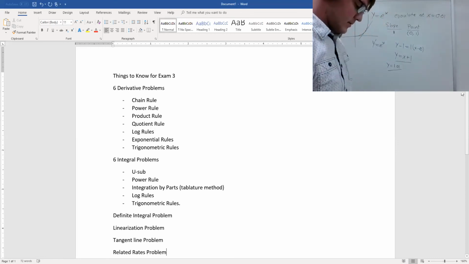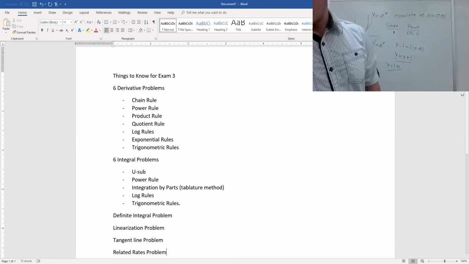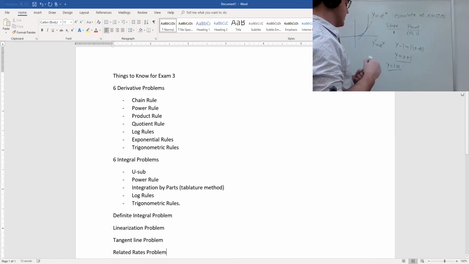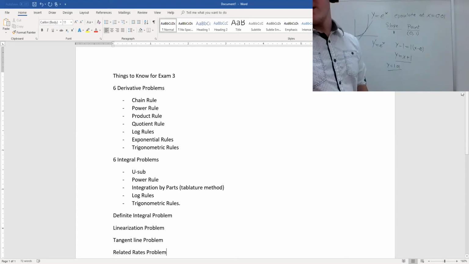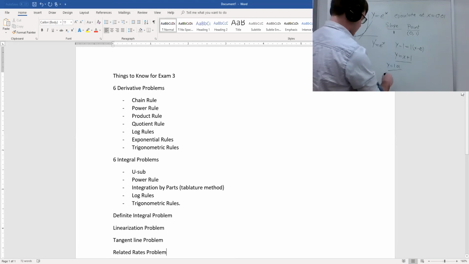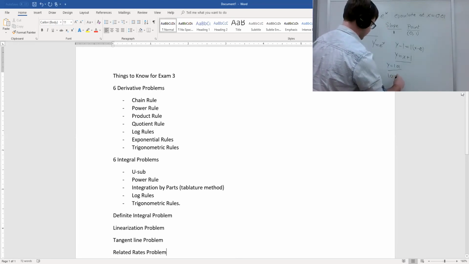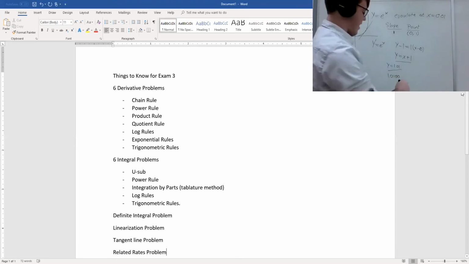So correct me if I'm wrong, but up until this last step where we plug in the 0.01, it's just a tangent line problem? Essentially, yeah. Is there any case where it wouldn't be? No, so you're right. Okay. So if you evaluate e to the 0.1, you get like 1.01005.